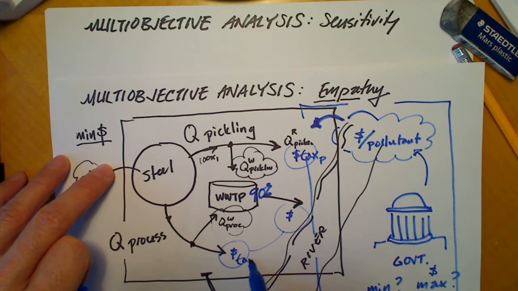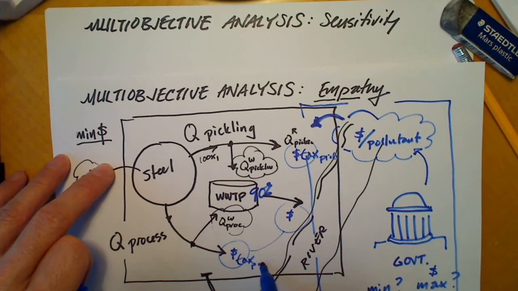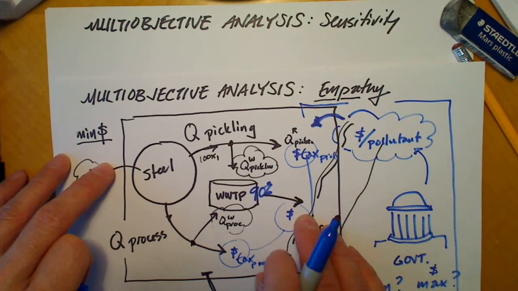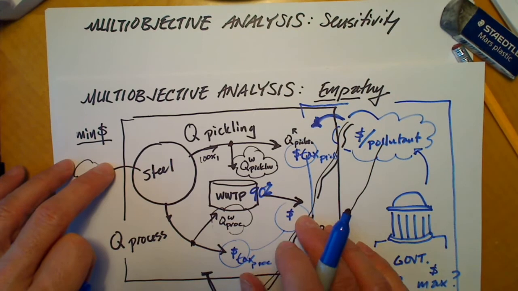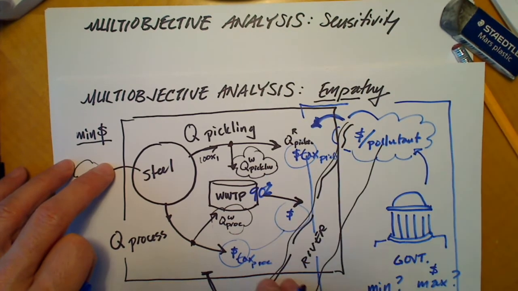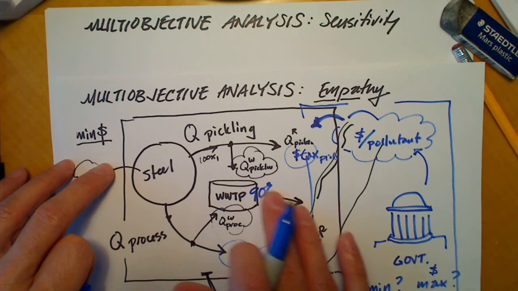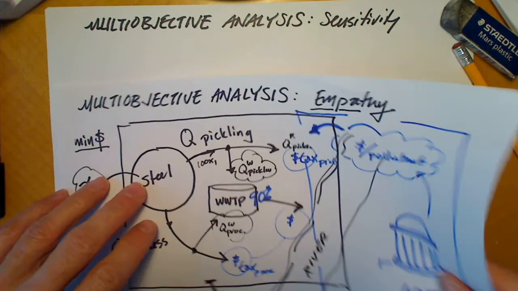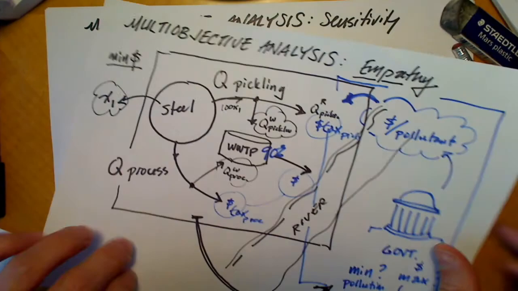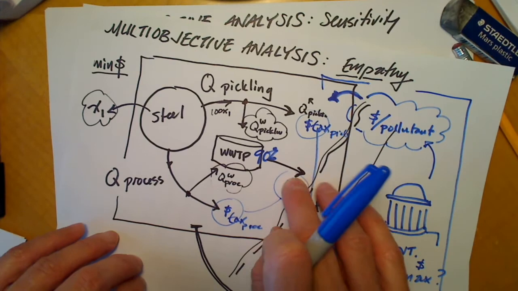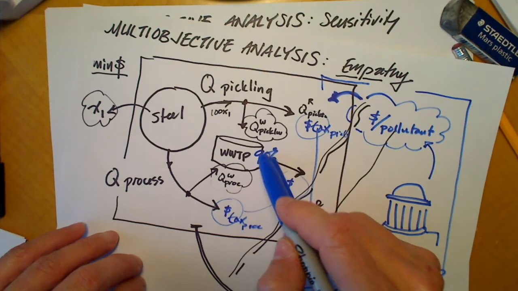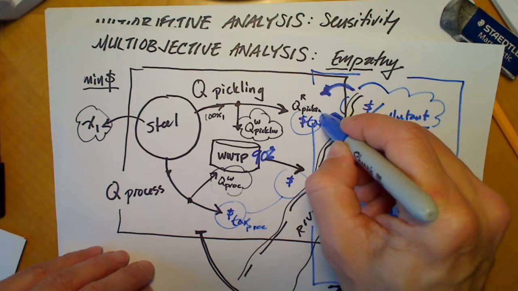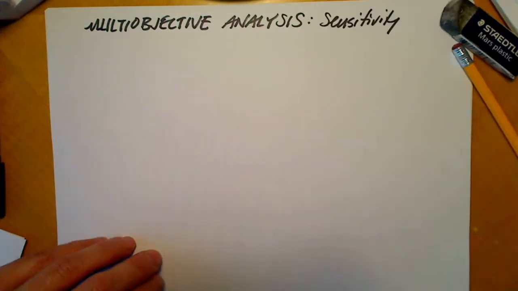So there's going to be tax pickle and tax process, and then the fees that they pay for the effluent from the wastewater treatment plant will be tax pickle times 0.1 and tax process times 0.1, because the wastewater treatment plant reduces the amount of pollution that will be discharged into the river. The government has to decide then two things, not really three things, because this is constrained by its relationship through this parameter with these fees. The government has to decide the tax on the pickling and the tax on the processed water.